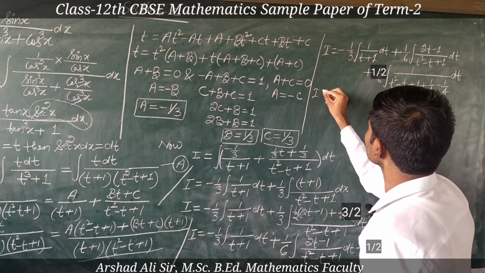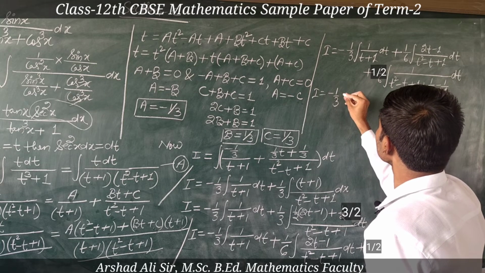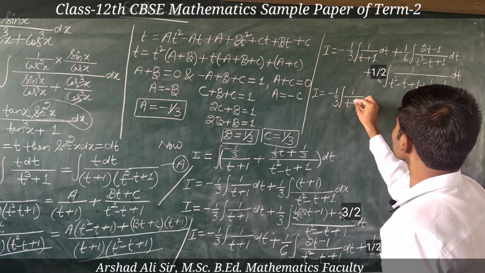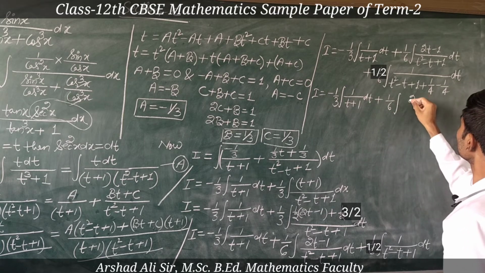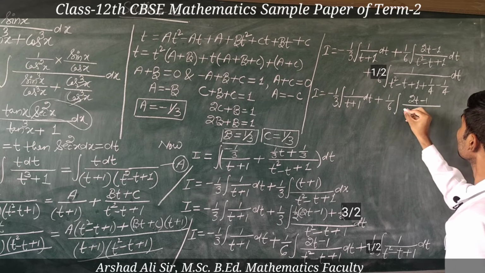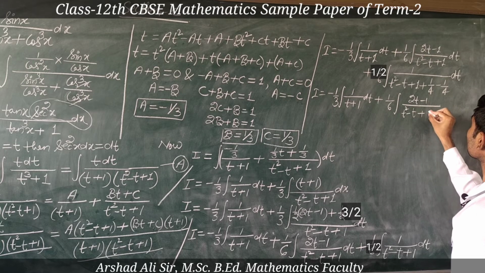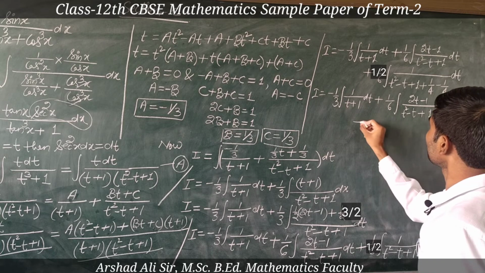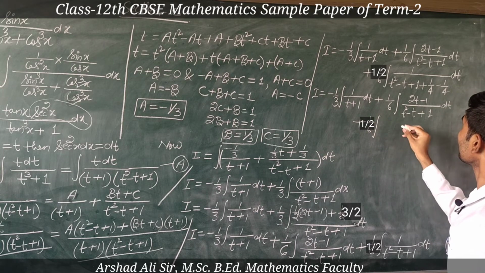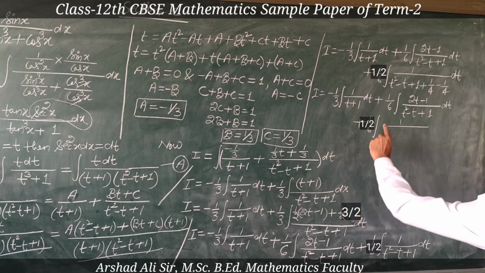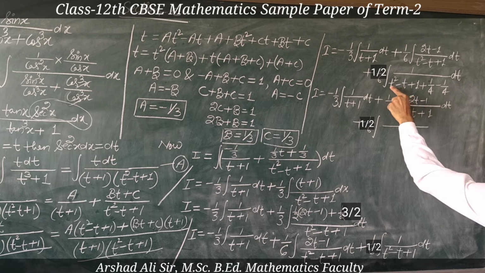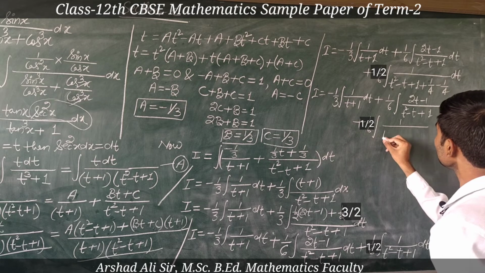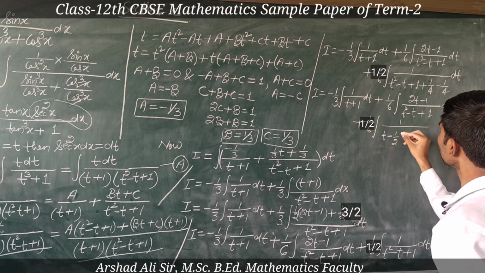Okay, so I is equal to minus 1 upon 3 integration of 1 upon t plus 1 dt plus 1 upon 6 integration of (2t minus 1) upon (t square minus t plus 1) dt plus 1 upon 6 integration of 1 upon, here we can write t square plus (1 upon 2) whole square, okay, and minus 2 multiply t multiply 1 upon 2, it will be (t minus 1 upon 2) whole square.